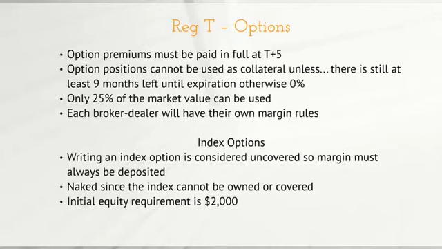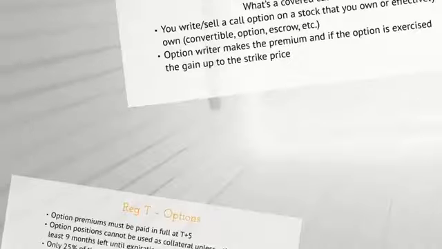Index options are considered uncovered, so you always have to deposit margin for those, since it's not practical to own all the shares in an index, and you have to have the initial equity requirements of $2,000 as well. So remember, 25% of the market value for an option if it has at least 9 months left until expiration.